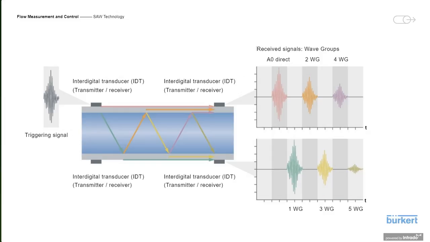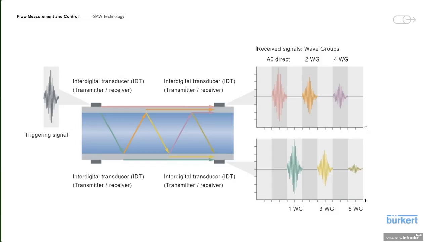And we can do it in a very accurate and precise way because we have these multiple reflections and this multiple path, where the more often the signals travel through the pipe, the more sensitive it gets to detect also small changes in the flow velocity.